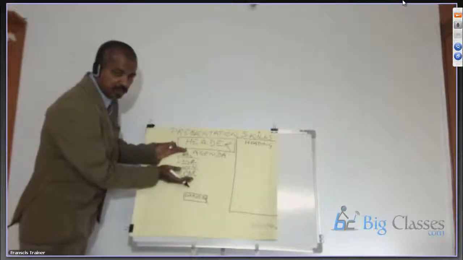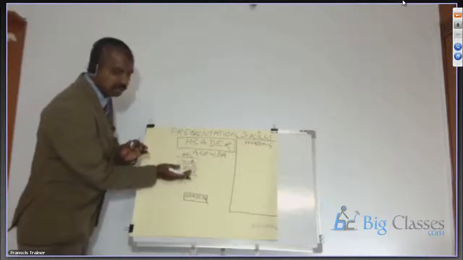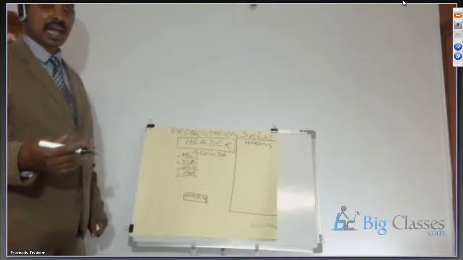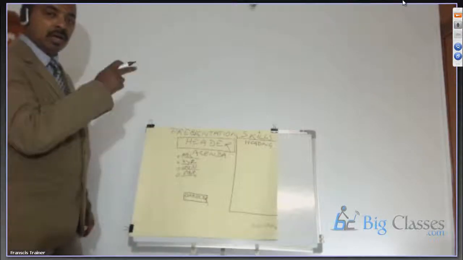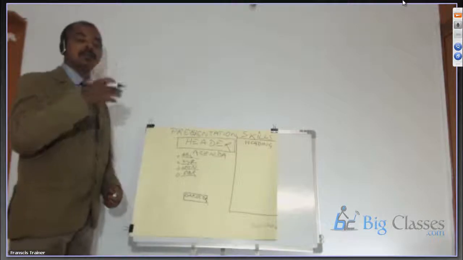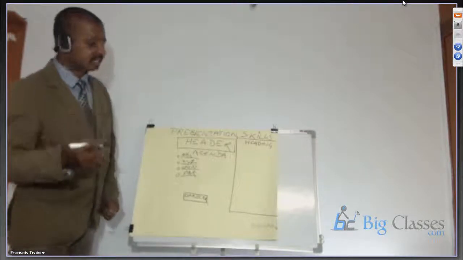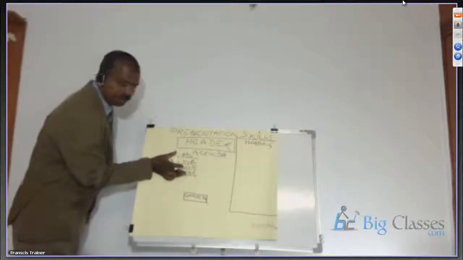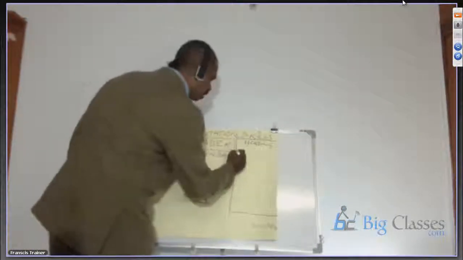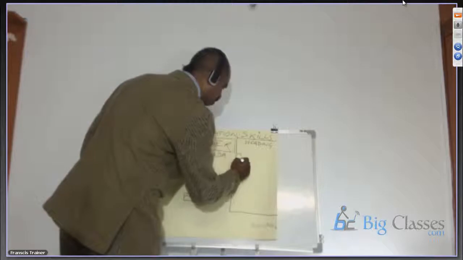This agenda of the first page, I will make it as a route map, or I would say a tree showing where exactly my presentation is. So this agenda, I will make it a mini agenda over here.